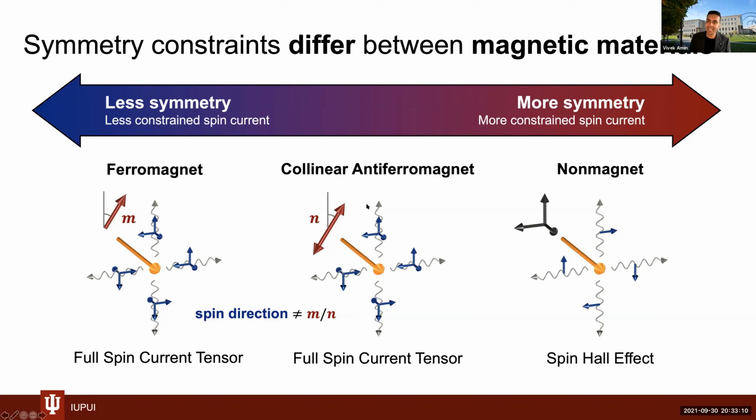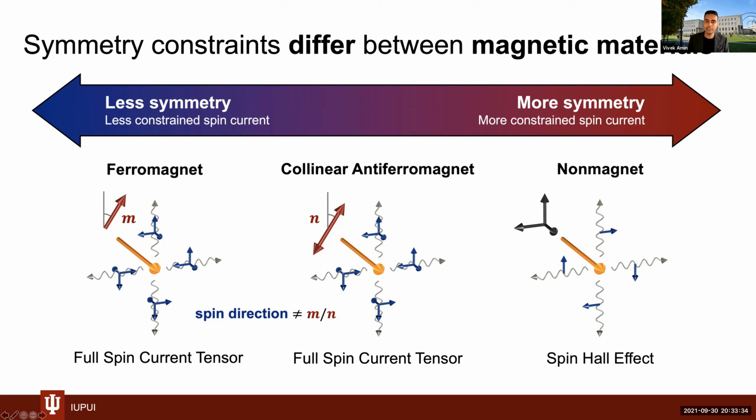But as I relax my symmetry by including magnetic order, say in a collinear antiferromagnet or in a ferromagnet, for an arbitrary direction of the magnetic order, I'm actually allowed the full spin current. So even if I constrain myself to spins which are flowing perpendicular to the electric field, they can have any spin direction. And again, this is a consequence of the symmetry of the devices.